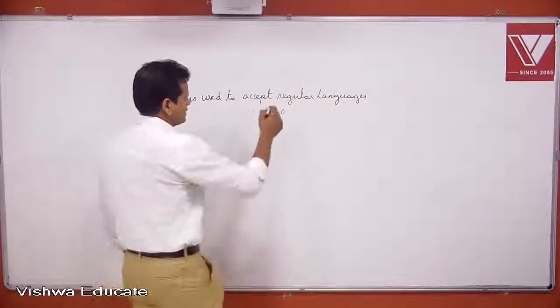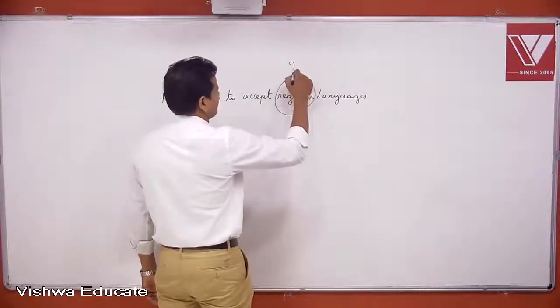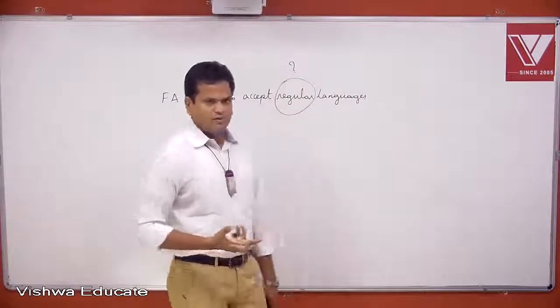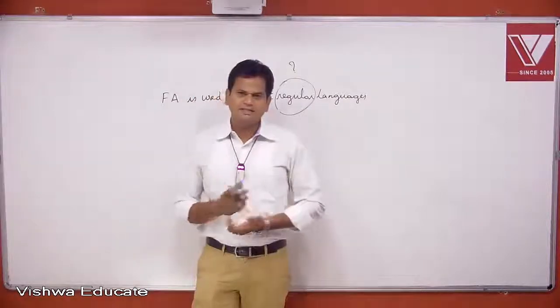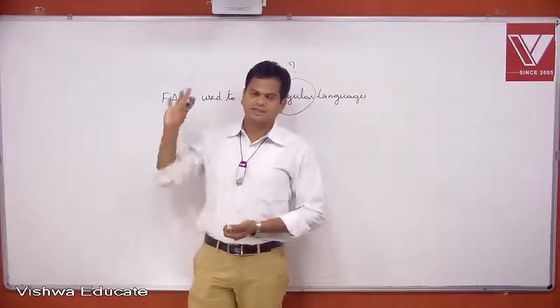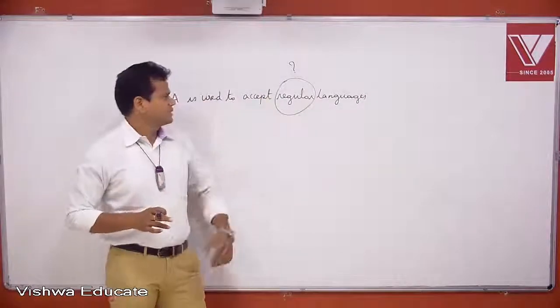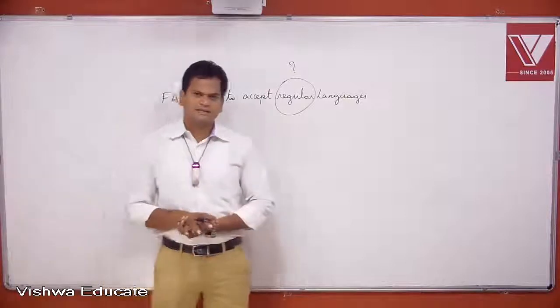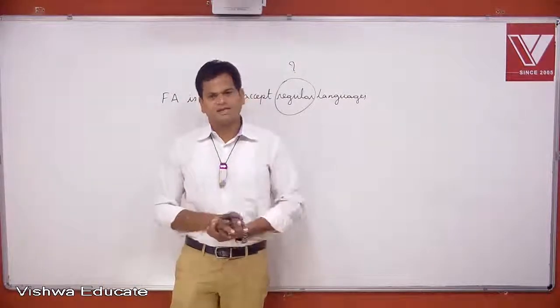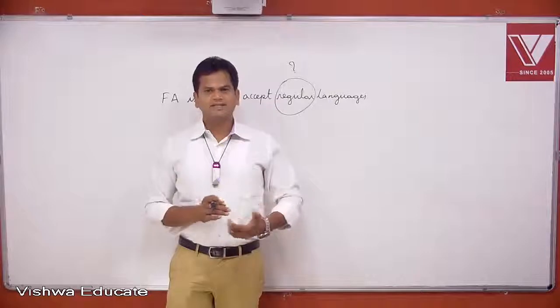Then what is the meaning of this? You may get this doubt: which language is regular? Here I told that finite automata is used to accept regular languages. You may have an idea what a language is, but you may not know what a regular language is. So, which language is regular?